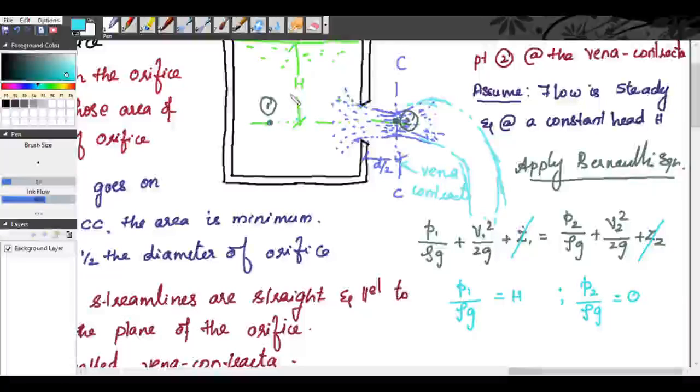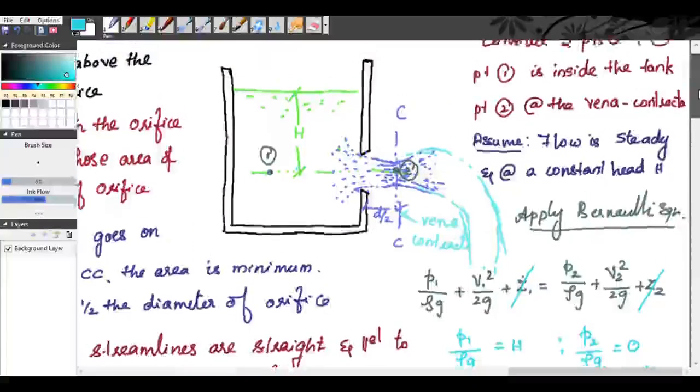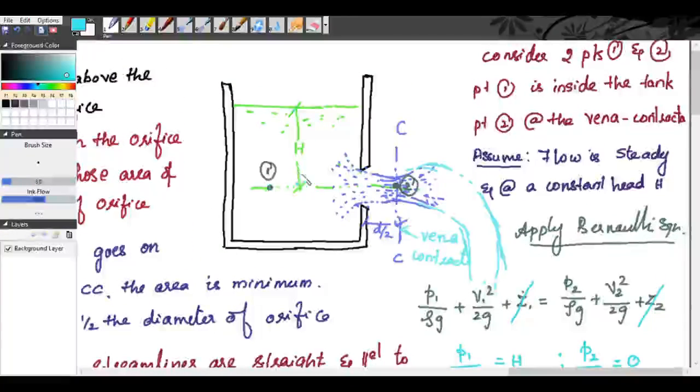Now, you have V1 and V2, right? This V1 will be very, very small when compared to V2. The reason is our assumption that the area of the tank is large. For a large area of the tank, we are maintaining this constant head of water.